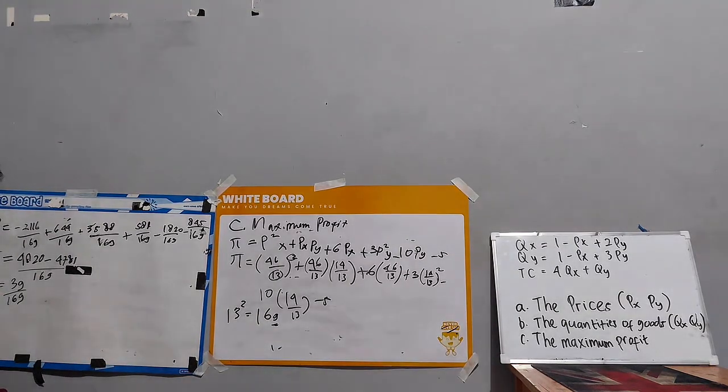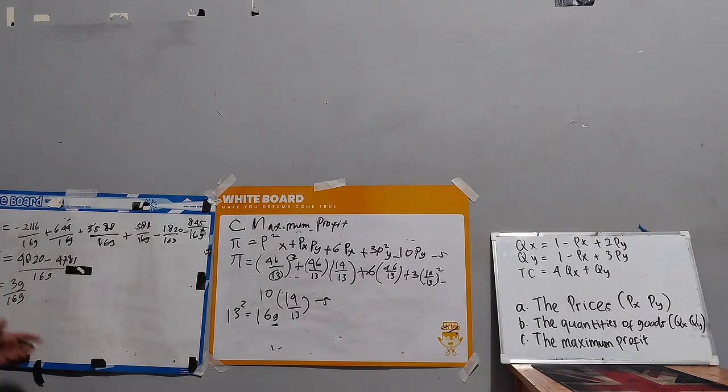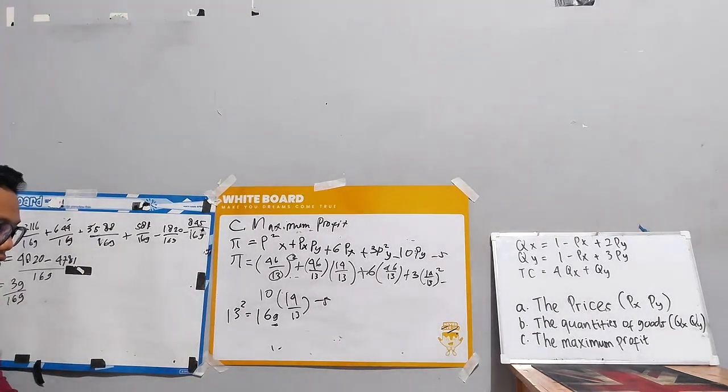Next, we simplify the fraction by dividing both the numerator and the denominator by their greatest common divisor, which is 13.